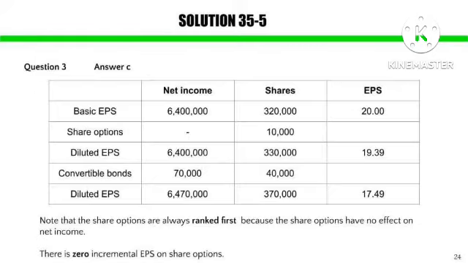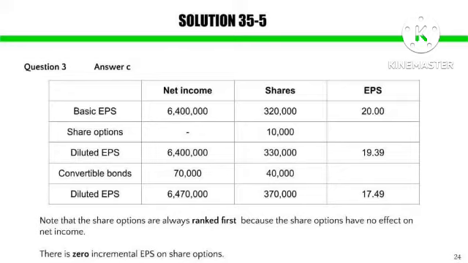Last is diluted earnings per share. The net income allocated to ordinary share is 6.4 million in the computation of basic earnings per share. Walang income sa share option because mas mababa yung exercise price compared sa average market price. Meaning, mabibili ng holder yung ordinary shares lower at prevailing market price, which yung effect niya sa entity is magkakaroon ng increase sa loss.